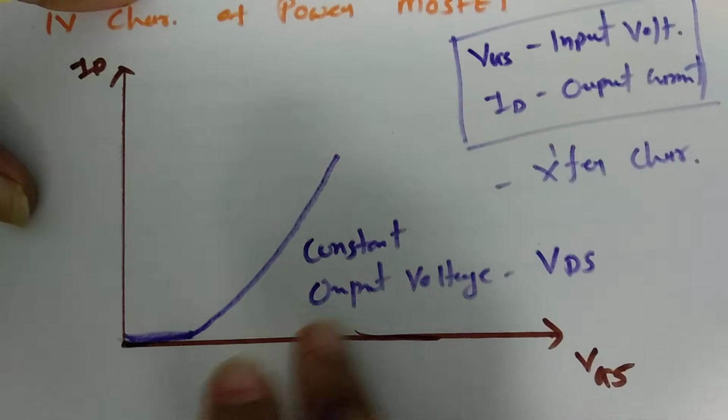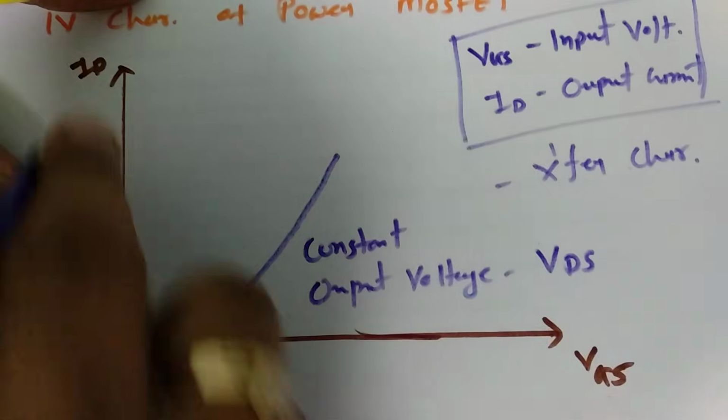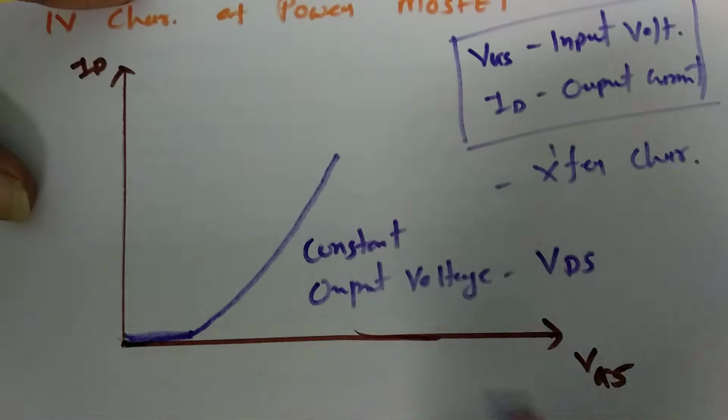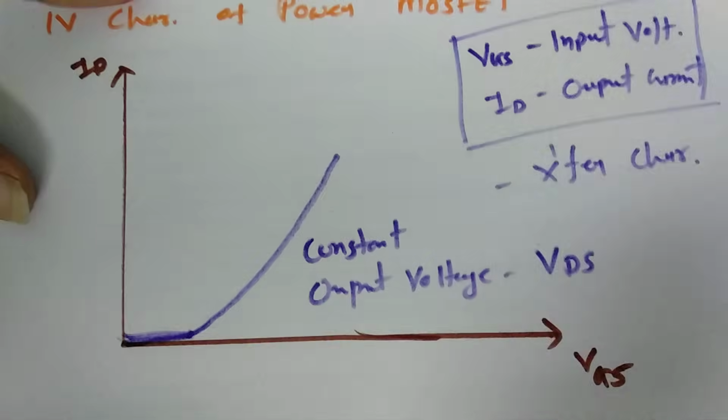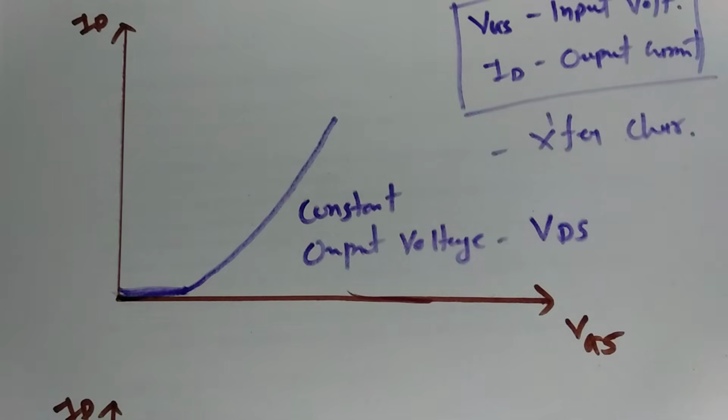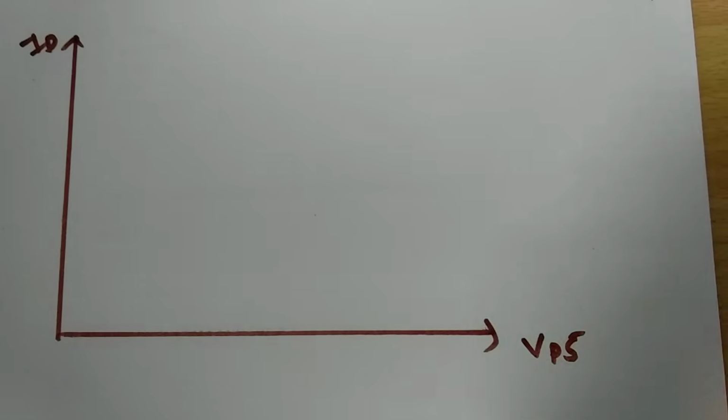So at constant output voltage, as we increase VGS, ID current will increase like this, and this is the transfer characteristic. Now let us try to understand another characteristic.